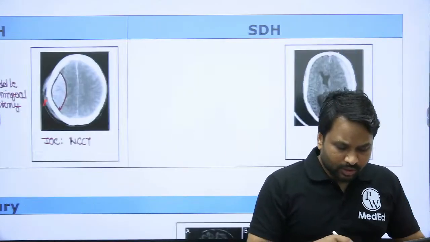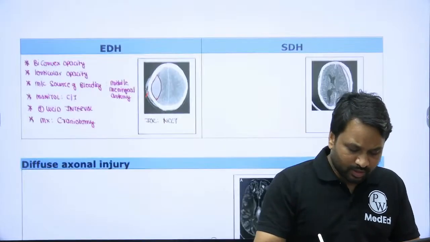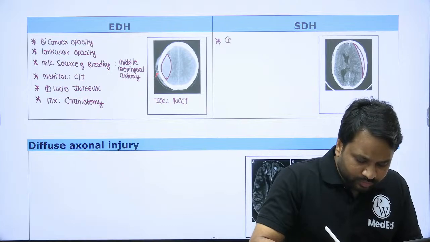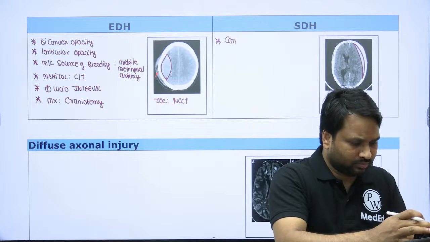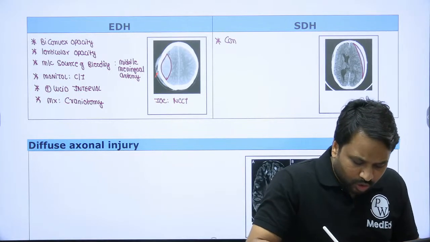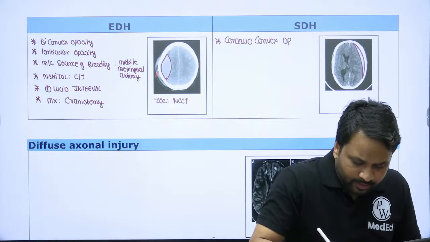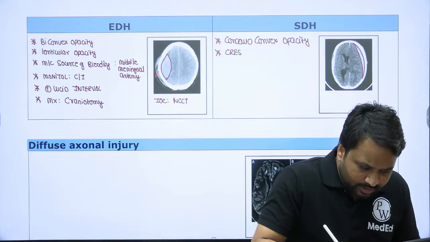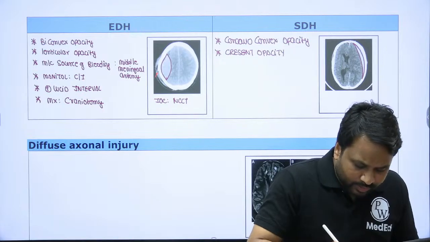Now coming to your subdural hemorrhage, this is how the hematoma, or the collection, is going to look. In a subdural hemorrhage, it is going to be a concavo-convex opacity, also commonly referred to as the crescent opacity.